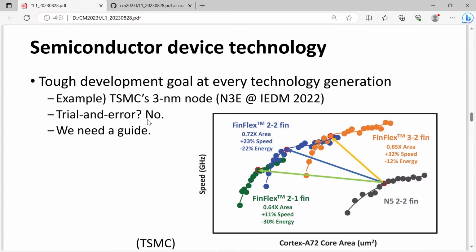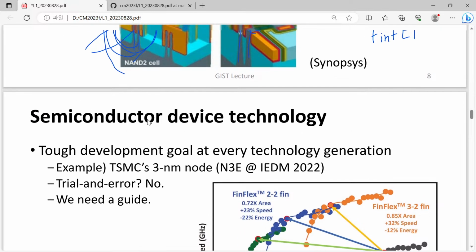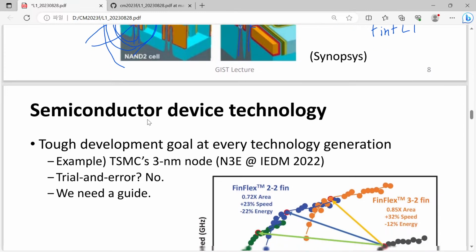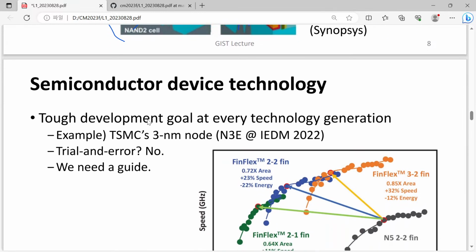I think that if this device were just a commodity, then everybody would not be concerned about this one. However, as all of you understand, nowadays semiconductor device technology is not just a matter of economics.